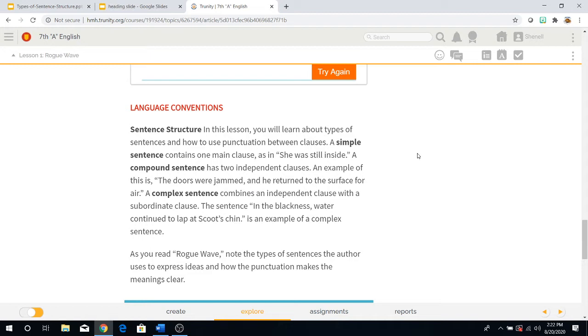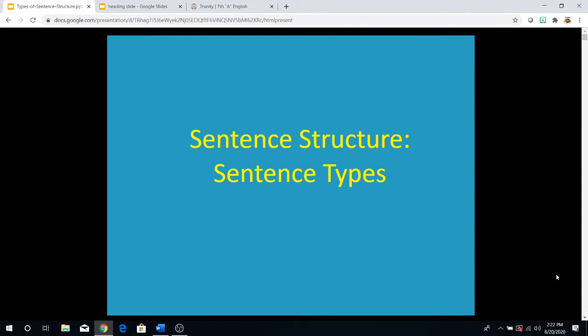The sentence in the blackness water continued to lap at Scoot's chin is an example of a complex sentence. As you read Rogue Wave, note the types of sentences the author uses to express ideas and how the punctuation makes the meanings clearer. So I have a little slide presentation so we can go into it a little deeper.